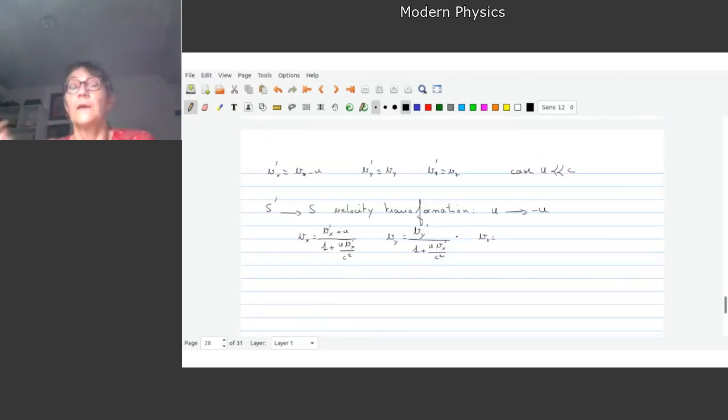So relativity is not different from classical mechanics. Classical mechanics is a particular limiting case of relativity, because the velocities are so small you don't need to compare them with the velocity of light.